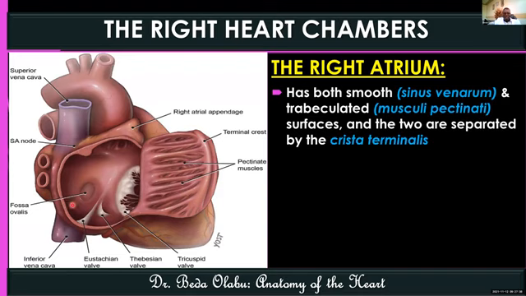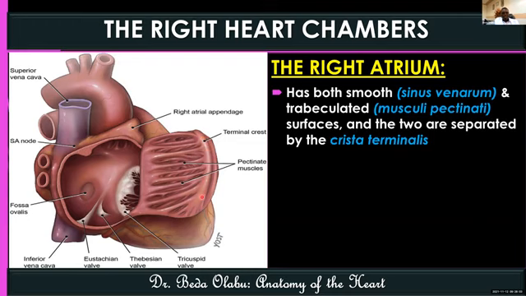The smooth part of the right atrium is known as the sinus venarum. This rough part of the right atrium is known as musculi pectinati. Well, you can call it the pectinate muscle. The two surfaces are separated by this linear ridge.